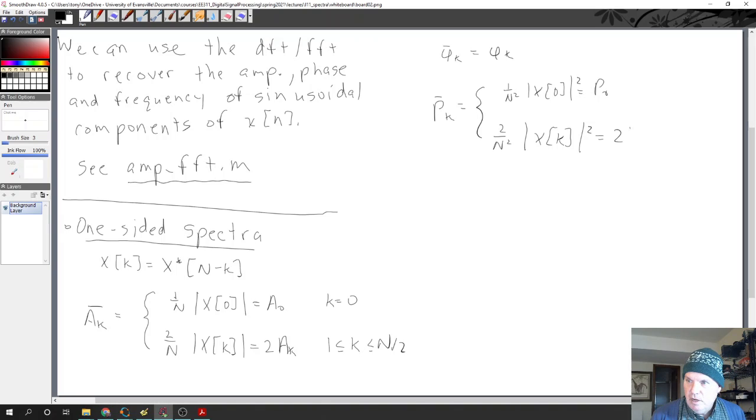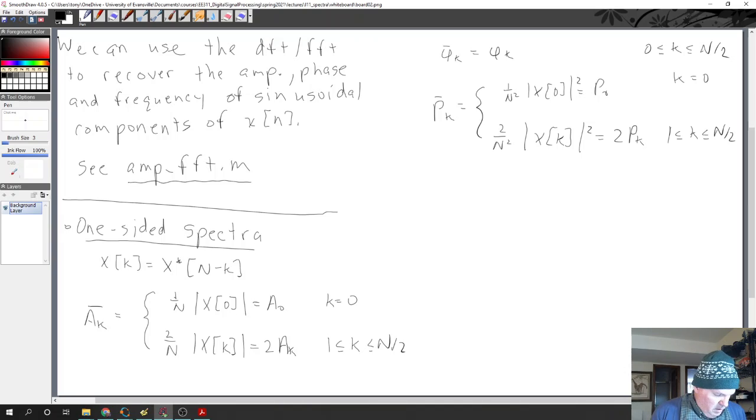So this is 2 times our p k values. Again, this would be for k equals 0, and this is for 1 less than or equal to k less than or equal to n over 2. This would be for the phase, it's for all k between 0 and n over 2.